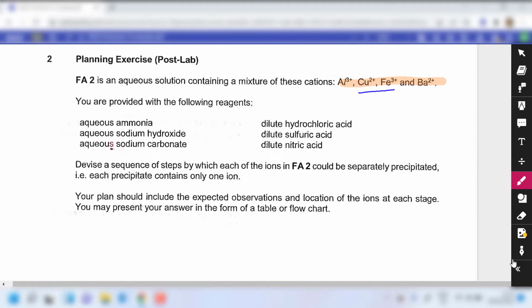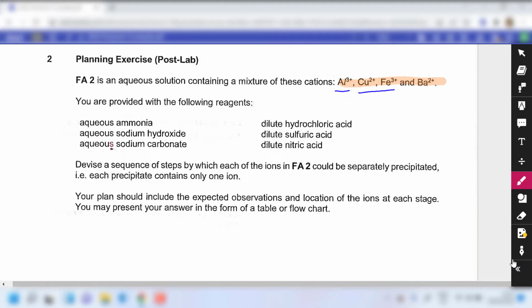Yep, so you should be quite familiar with the chemistry for Cu2+ and Fe3+ and what kind of color you are expecting. And of course for Al3+, if you look at your QA notes, you are probably aware that Al3+ will form a white precipitate with sodium hydroxide as well as aqueous ammonia. So the white precipitate is actually aluminum hydroxide.